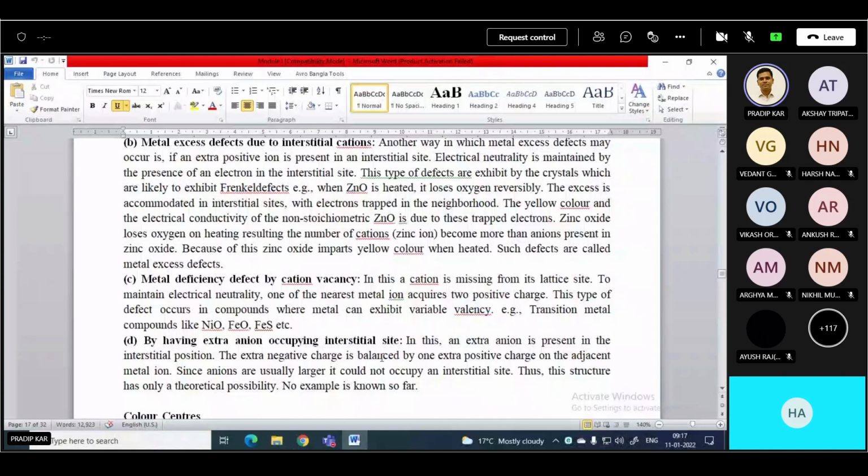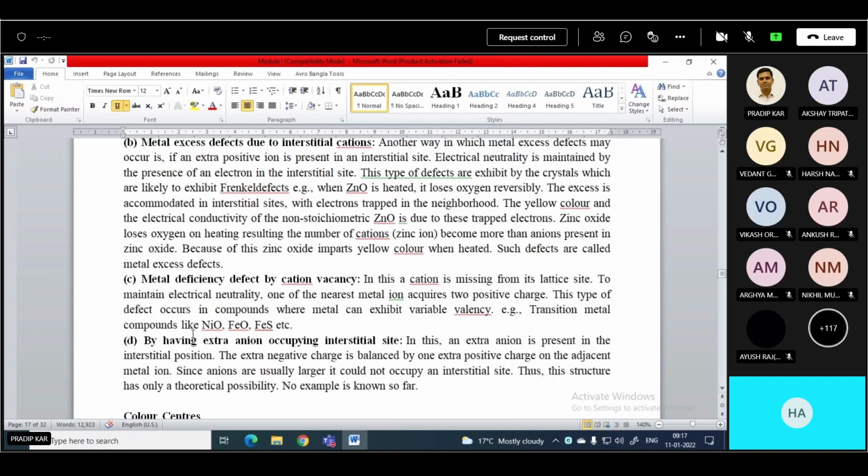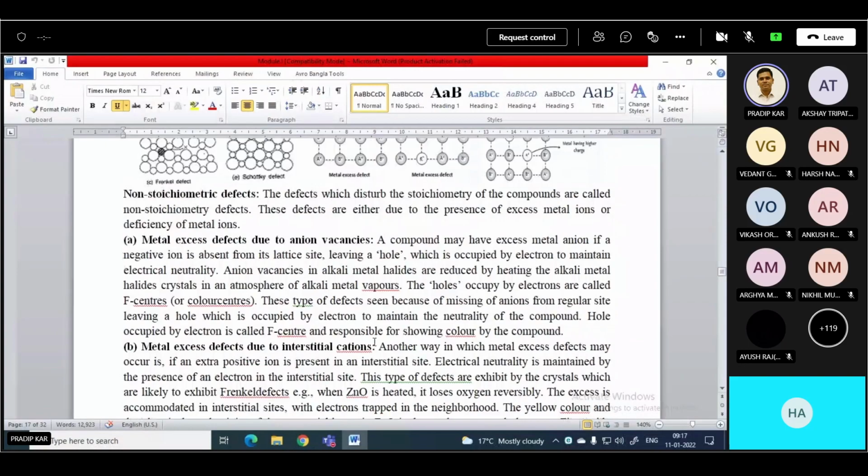So: metal excess due to anion vacancies, metal excess due to interstitial cation, metal deficiency due to cation vacancy, and metal deficiency due to an extra anion occupied in an interstitial site. Those are the four types of non-stoichiometric defects, and we'll discuss them one by one.